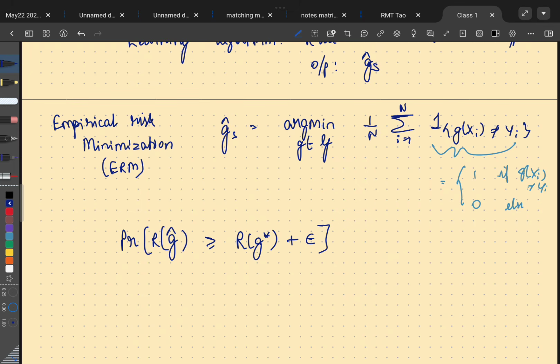In both cases you will be doing terribly, because your estimate of the bias would be way off. Similarly, here it's not possible to get r of g star or even close to r of g star all the time. You can only get it with some probability. And we want the probability that you deviate from r of g star by too much to be small.